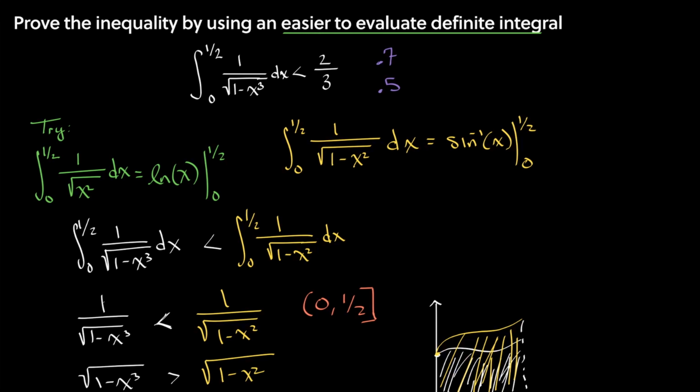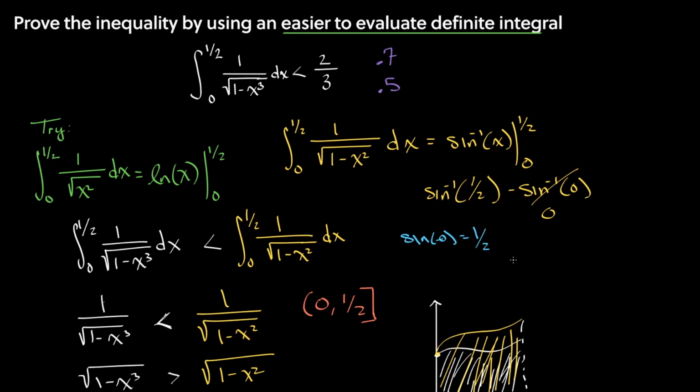Evaluating this definite integral, we get the inverse sine of 1/2 minus the inverse sine of 0, and we know that this is 0. So we really just need to look at what the inverse sine of 1/2 is. That's really saying the sine of some theta is equal to 1/2.